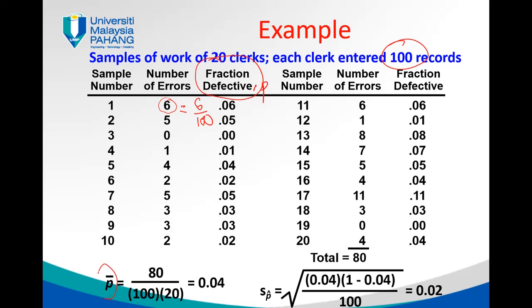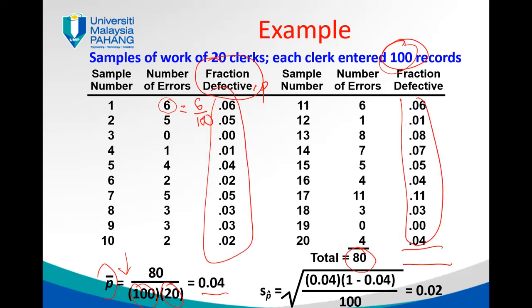P bar is the total number of errors, which is 80, divided by 100 records multiplied by 20 clerks, so you will get 0.04. Besides that, you can also calculate the P bar by summing up the fraction defective, then dividing by the number of samples, 20, and we get the same number.